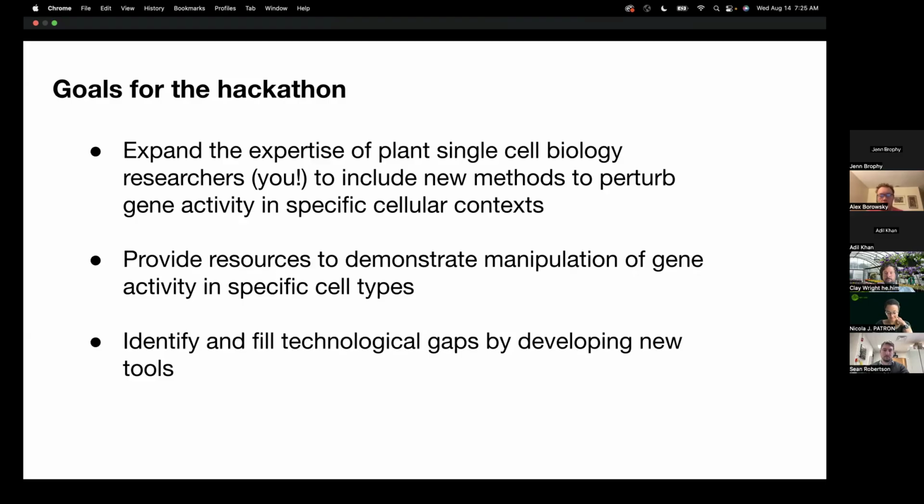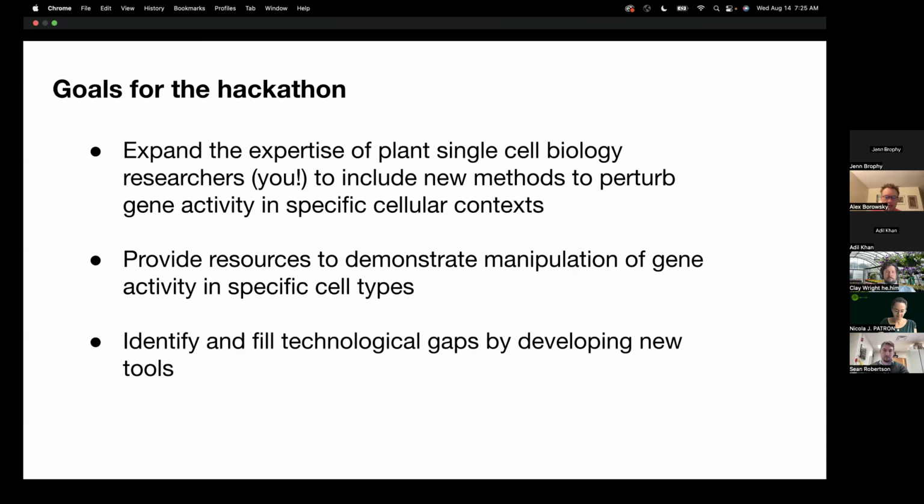We'd also like to provide resources. This is plasmids, plant transformation, to demonstrate the manipulation of gene activity in specific cell types. So can we use some of these tools that a lot of the mentors here have developed to manipulate something that you're interested in?